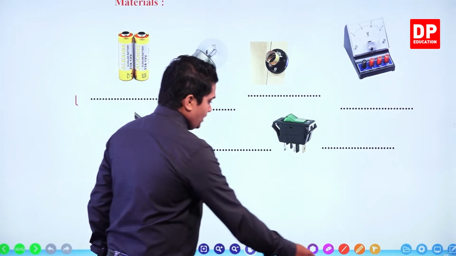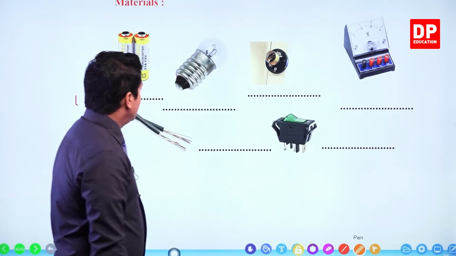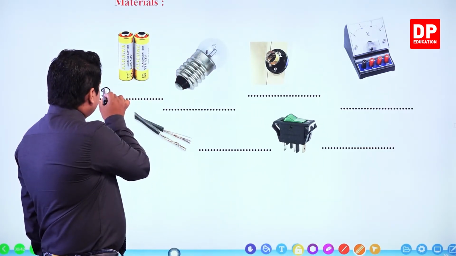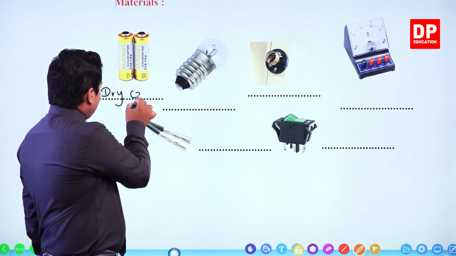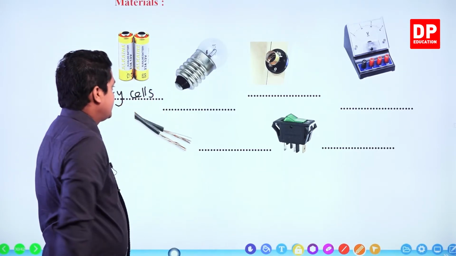First of all, you will be needing dry cells to power up our circuit.